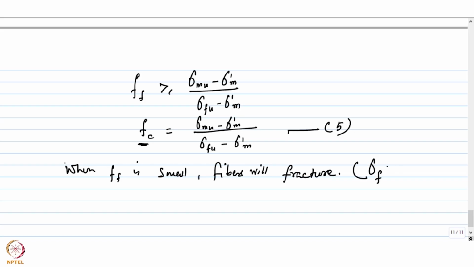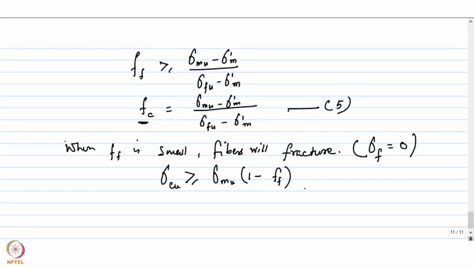Which means sigma f will be 0, and we can write this. Okay, so this will lead us to a minimum volume fraction which is needed for any strengthening effect from the fibers.